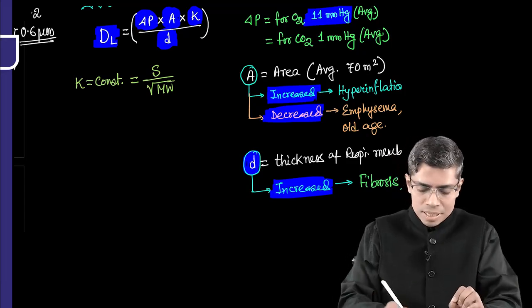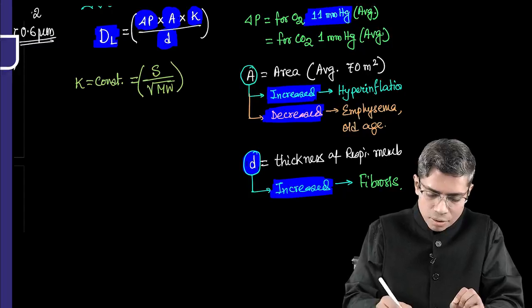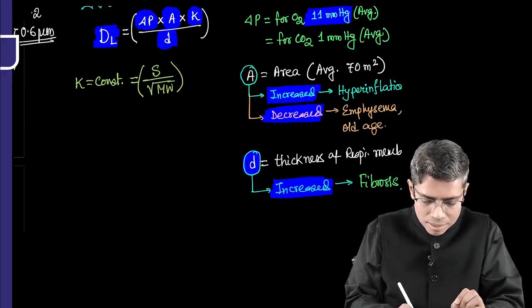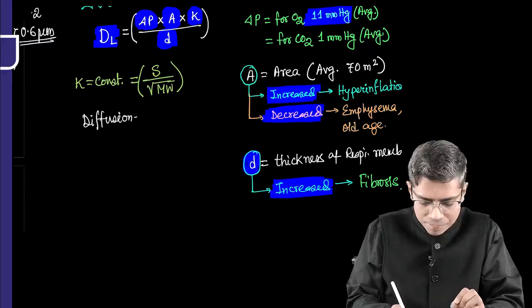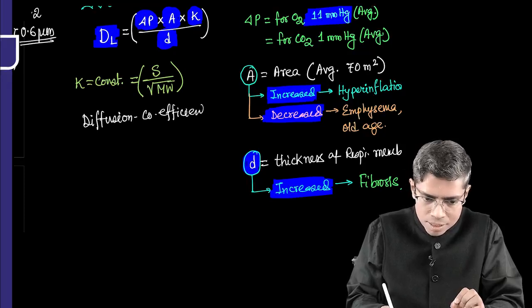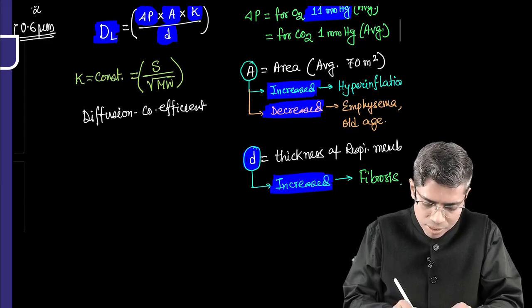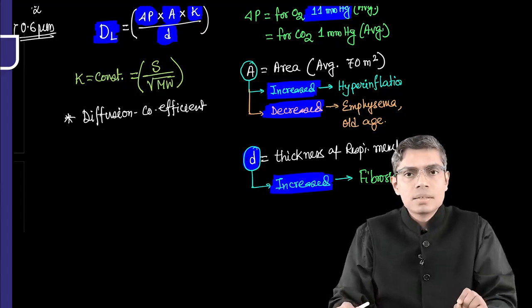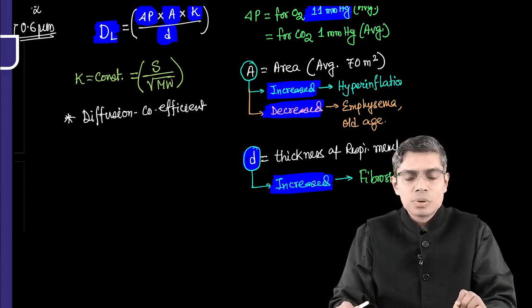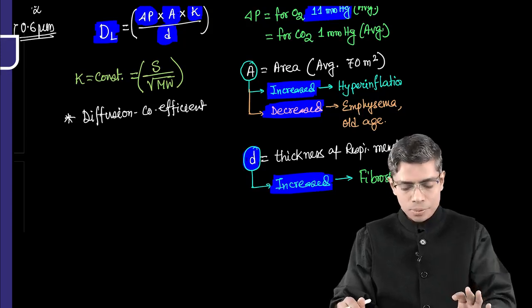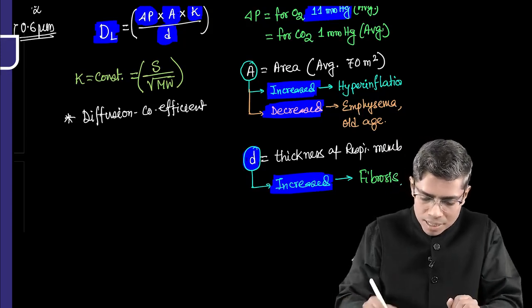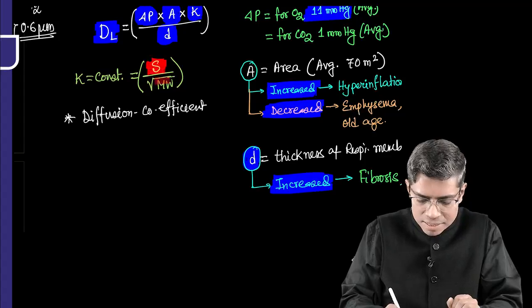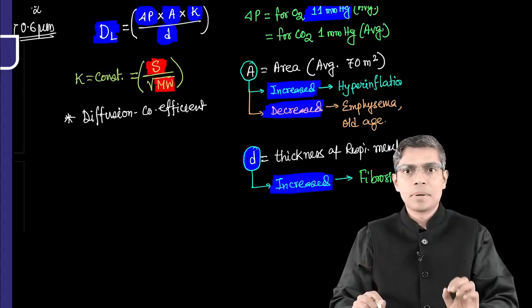This constant is known as the diffusion coefficient of gases. So it depends on two things: one is solubility and the second is the molecular weight, right?